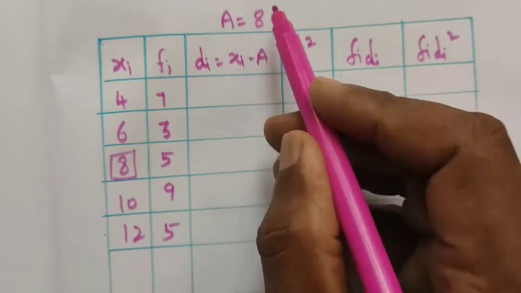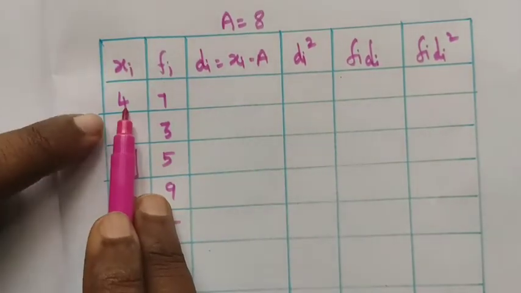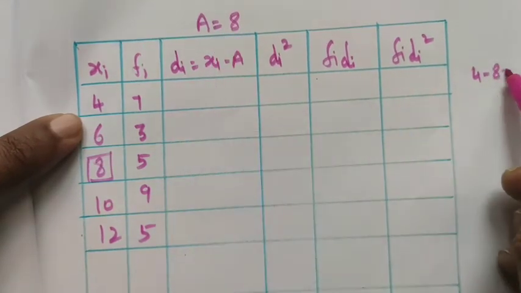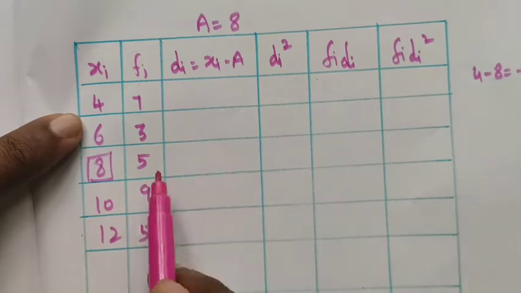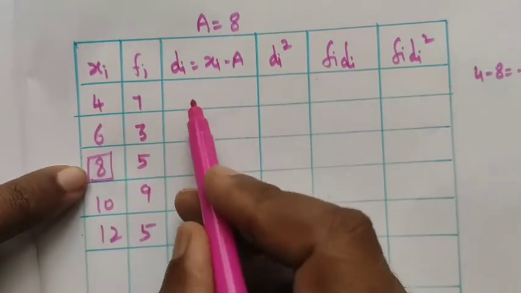So let me take the assumed value as 8. Here di is equal to xi minus a. 4 minus 8 is minus 4. Since 4 is smaller than 8, we get a negative value.